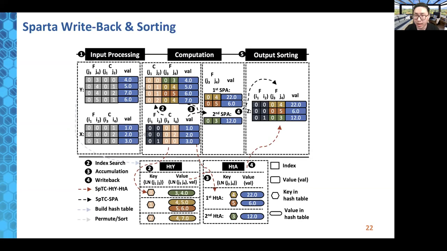Finally, we write the intermediate result in the hash table accumulator back to the output tensor. The hash table-based solutions solve multidimensional challenges in sparse tensor contraction.